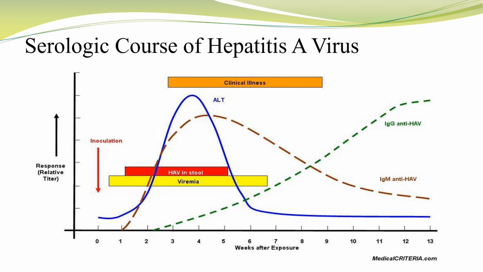After 3 months, we cannot detect this antibody, but we can detect IgG anti-HAV. That means actually former infection. But in the acute phase of hepatitis A, we can just detect IgM anti-HAV.